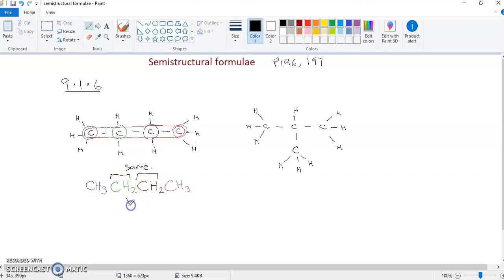I can join those two together and just say I've got 2 of those. So this can shorten even further to that, which is pretty neat. There we go. So let's have a look at the next example, the one next to it.